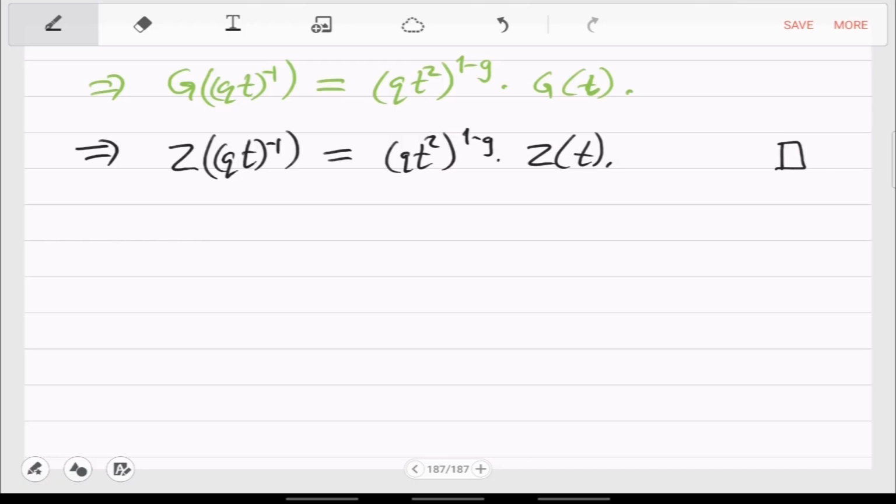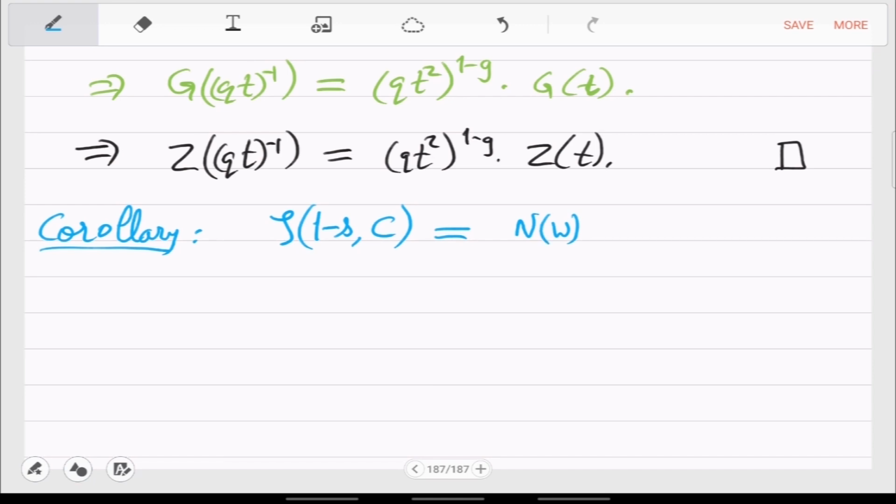And what about the zeta version of this Z? That also we can state. So for the zeta version, in the above you have to substitute t equal to q raised to minus s. And you can easily verify that it becomes this. So this is even better.